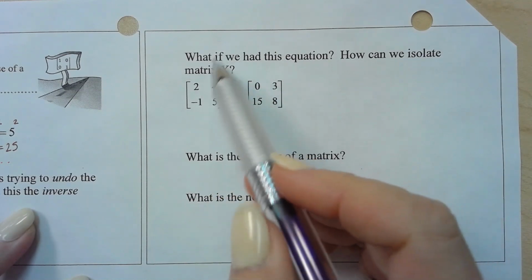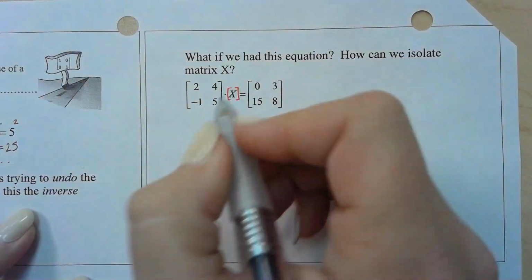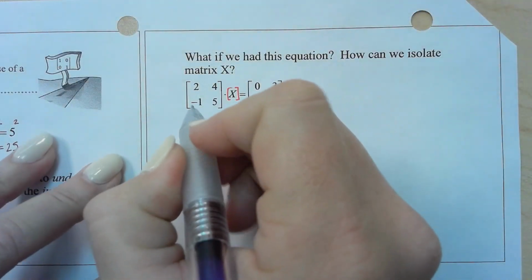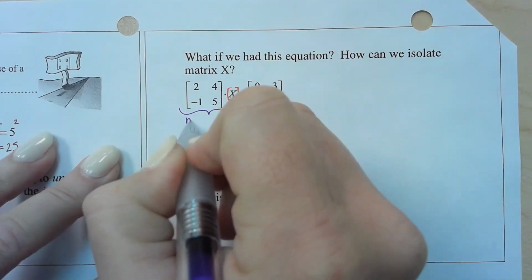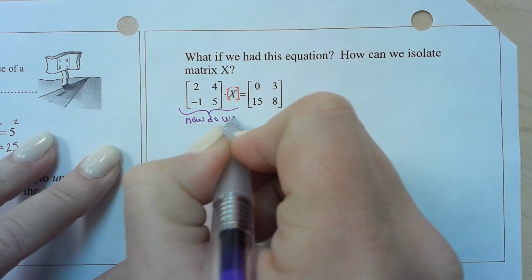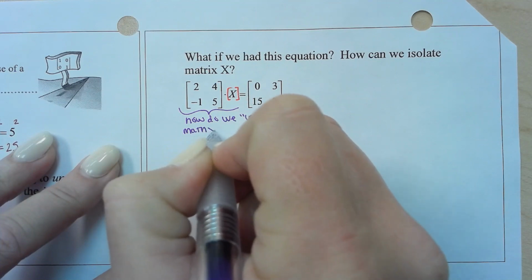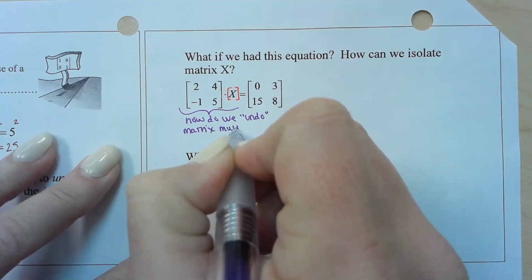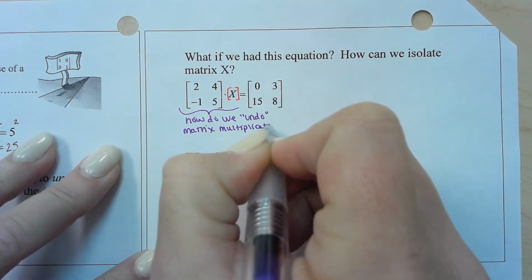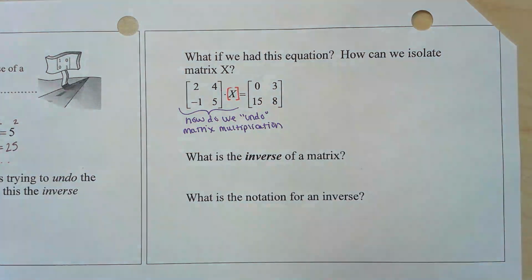How do we isolate matrix X? The big question is, how do we undo matrix multiplication? And you're going, well, we divide. Okay, great.